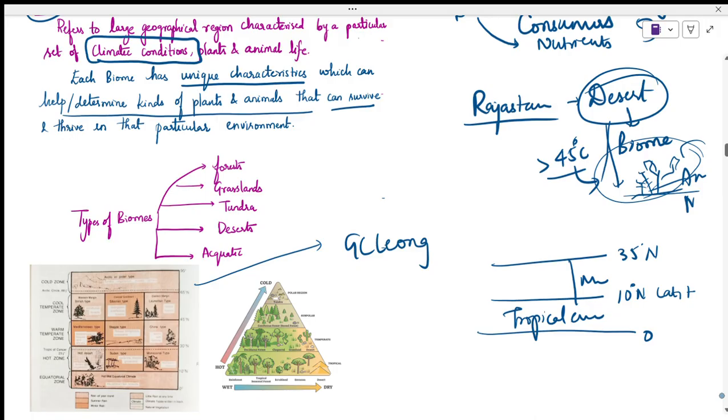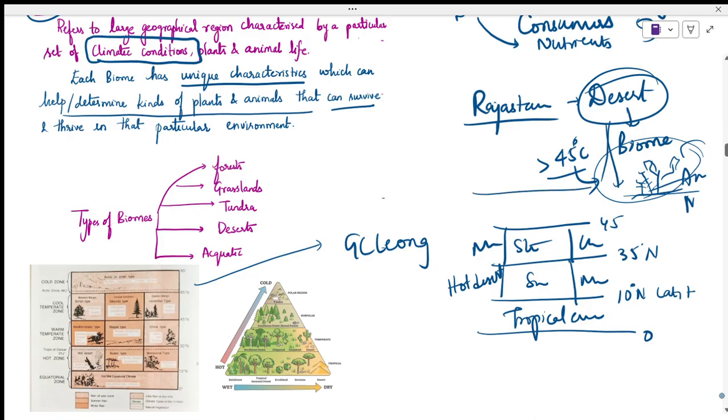Then we'll be having Sudan type of climate. Then on the west part we'll be having desert, and from 35 to 45 we'll be having Mediterranean type, then steppe type, then China type of climate.